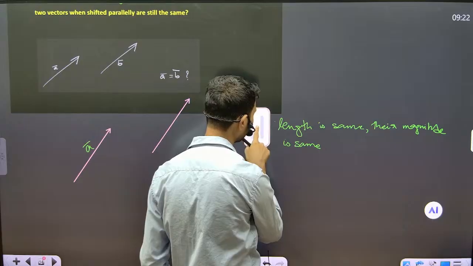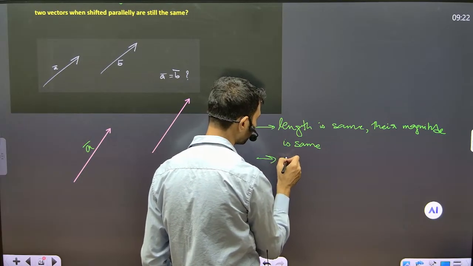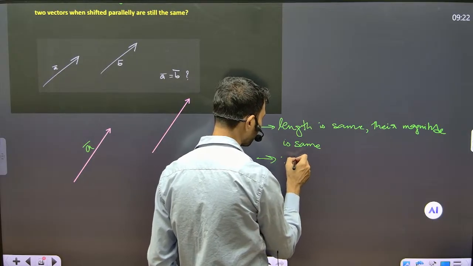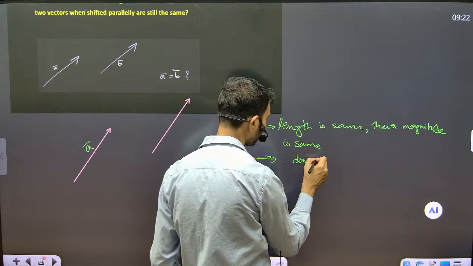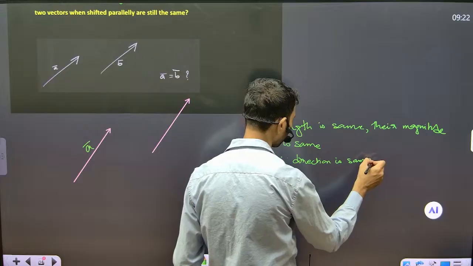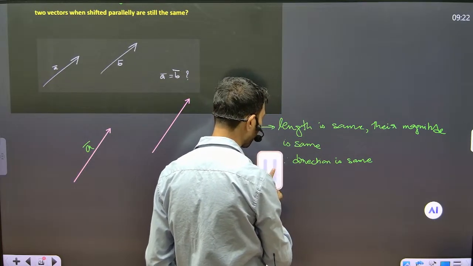Since length is same, their magnitude is same. Next, since direction is same, you can say direction is also same, right?